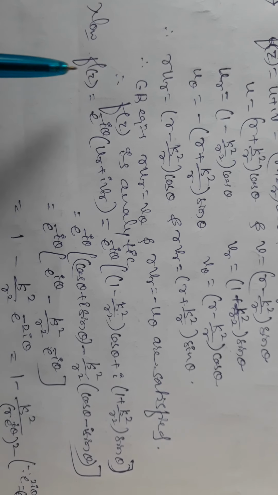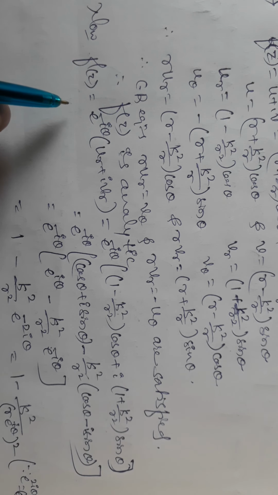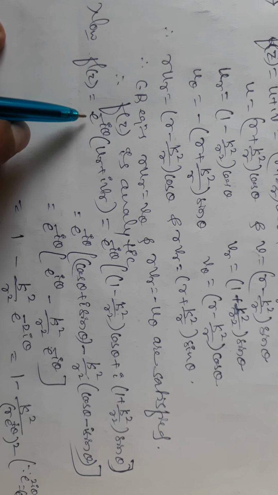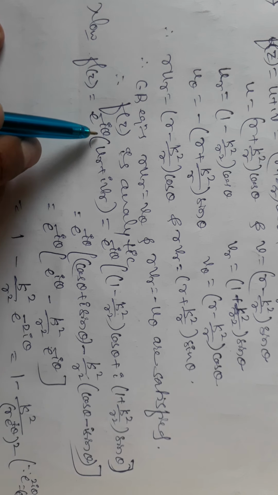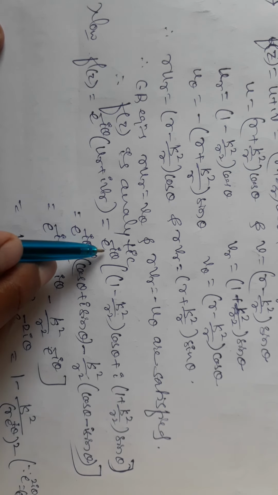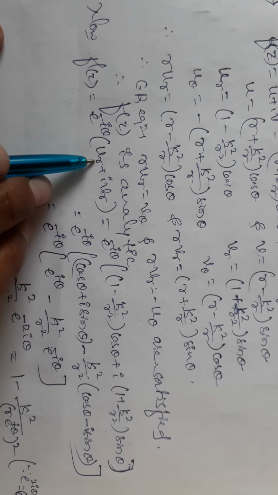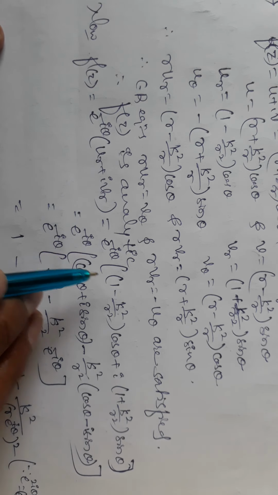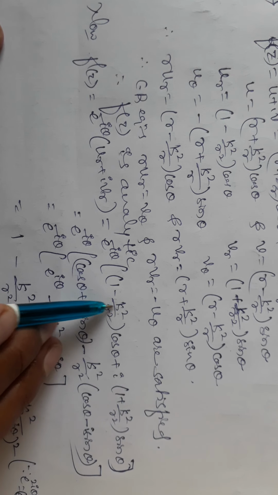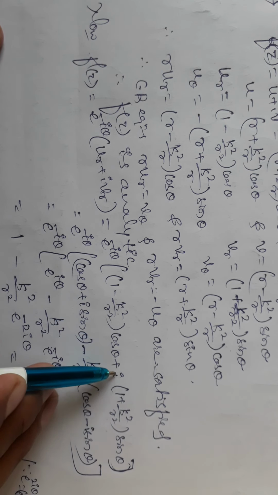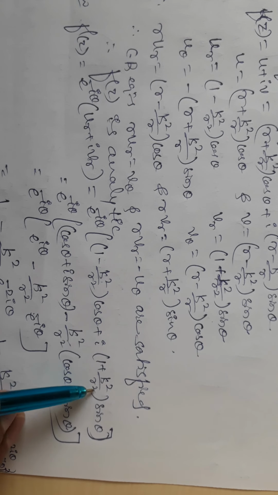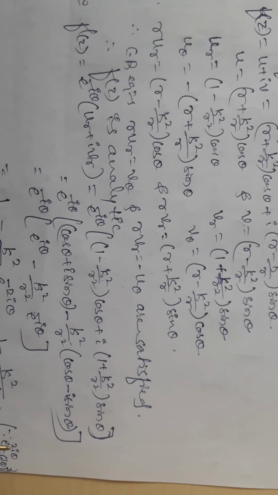Now we need to find f dash of z. We have f dash of z in the polar form, that is e to the power minus i theta into (u r plus i v r). Already we have u r and v r. Substitute u r, that is 1 minus k square by r square cos theta, plus i as it is, the v r term, that is 1 plus k square by r square sin theta.